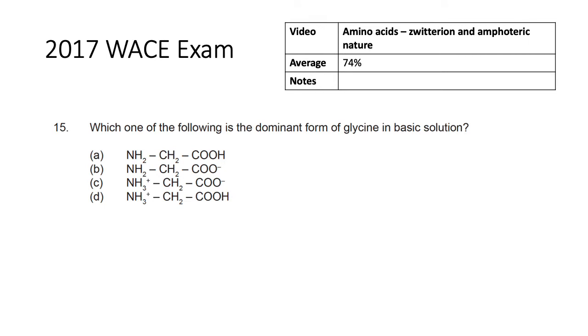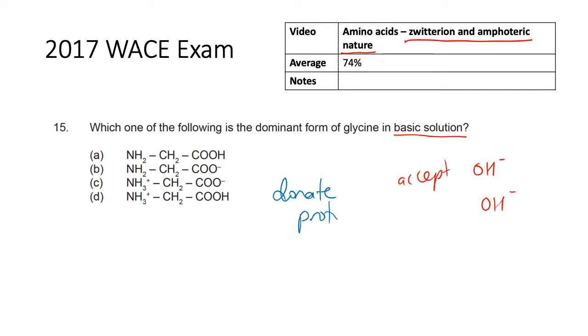Which of the following is the dominant form of glycine in basic solution? Again, this is about zwitterions and amphoteric nature. In basic solution, there'll be lots of OH minuses floating around, ready to accept a proton. So the zwitterion is going to have to donate its proton to these.